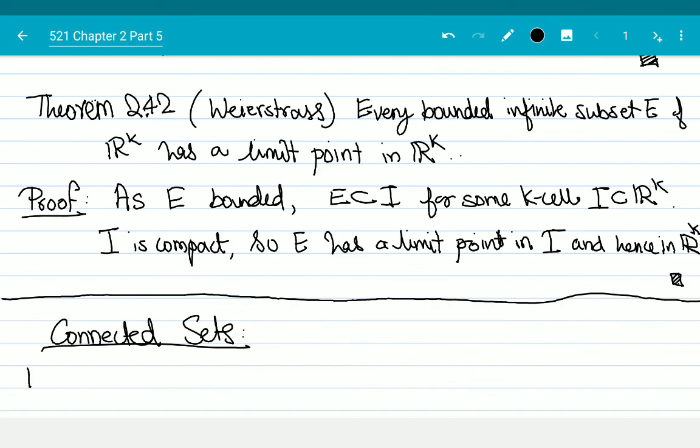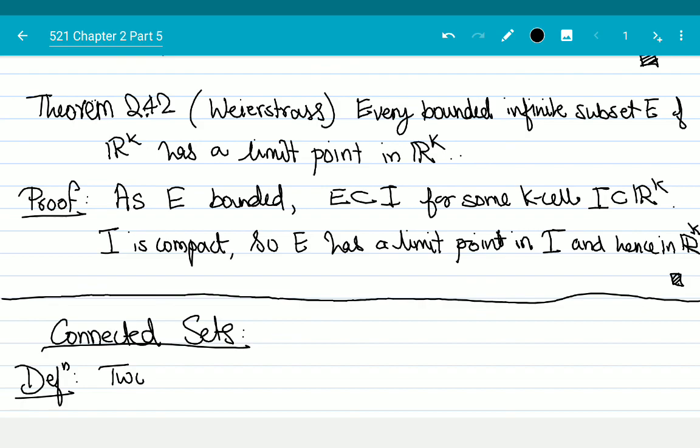You have some mental idea of what connected is, right? You can say that a set is connected if you can more or less draw a complete straight line going from one point to the other. However, we are trying to define it properly mathematically, and the mathematical definition is going to be slightly stringent.